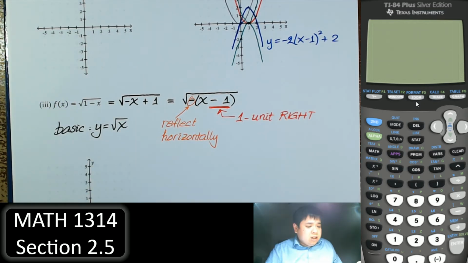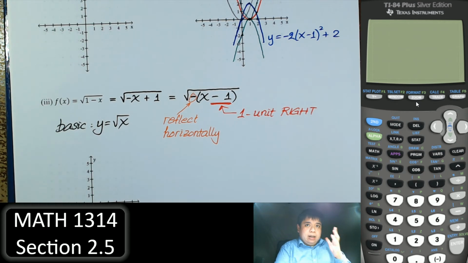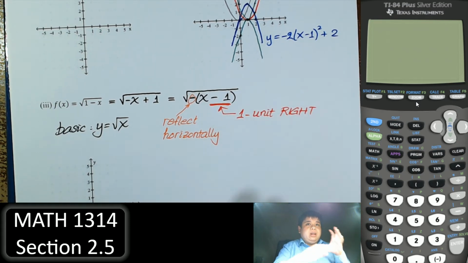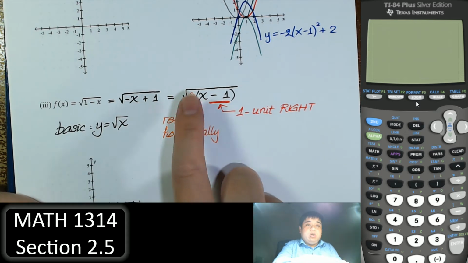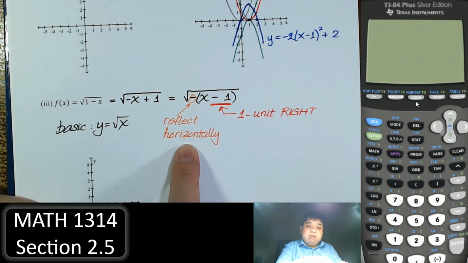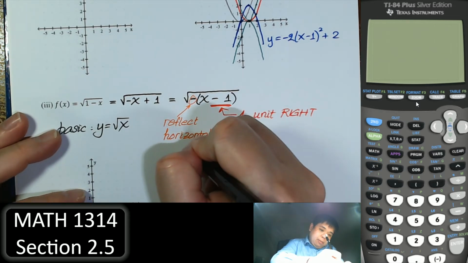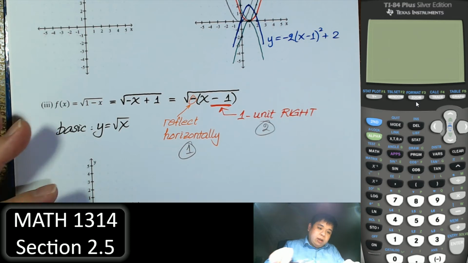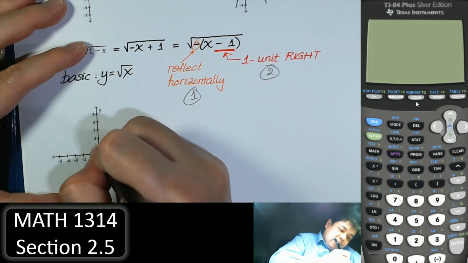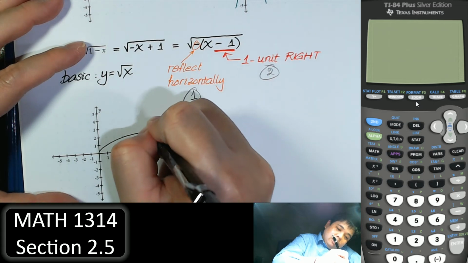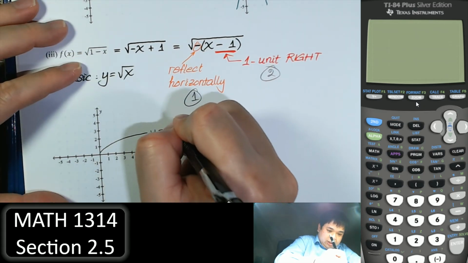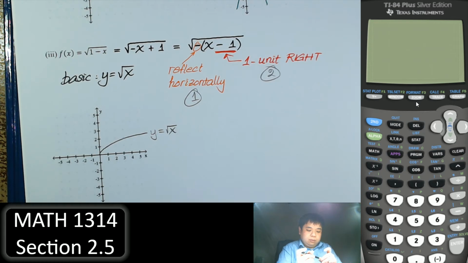Right. Now important is what order do we do this in. So it is inside, so it affects the graph horizontally, so both of them horizontally. Now within the inside or within the outside, always multiply, divide, and then add or subtract. So we're going to multiply the negative first, therefore we're going to reflect first, and then we move. Right, the basic y equal to square root of x, and then horizontally reflect, so just flip it, right side left.